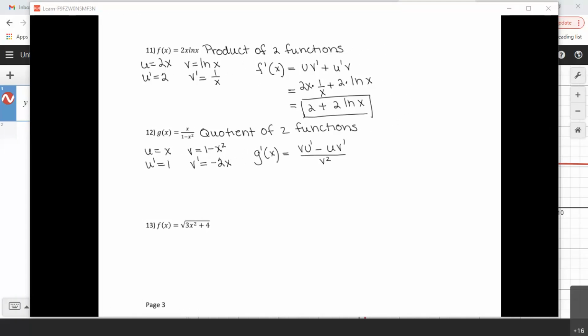Okay, and again, it doesn't matter what order you do these in. You can say u prime v minus u v prime. It doesn't matter, though v has to be first here. So I'm going to put my v in, and then my u prime, minus my u, which is x, and my v prime, all over v squared.